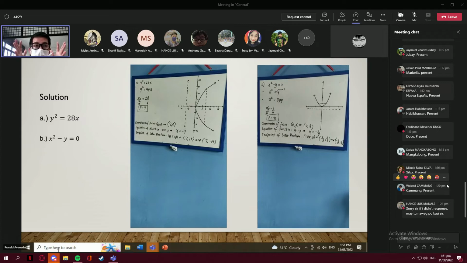So you have to memorize all the formula. Meaning to say, yung guide kanina, screenshot, you have to memorize that if it is face to face. So habang meron pa tayong freedom, i-grab na natin.